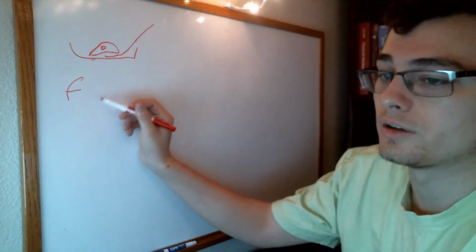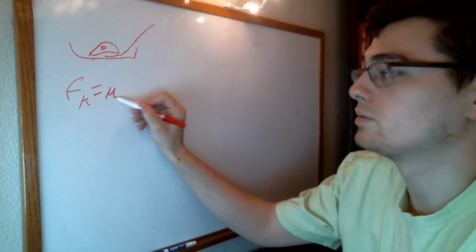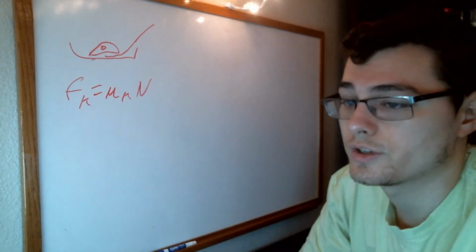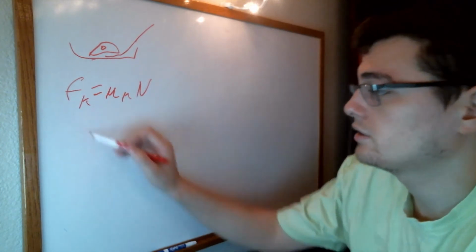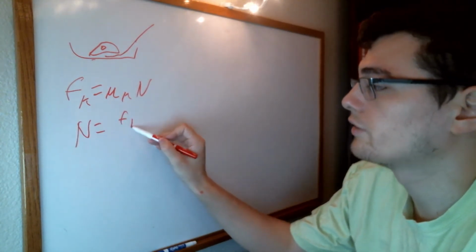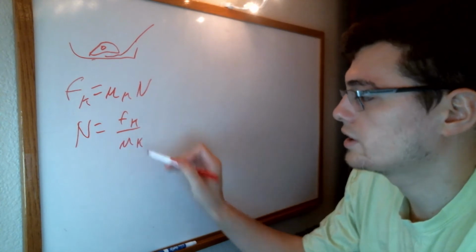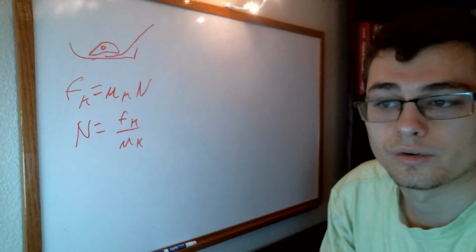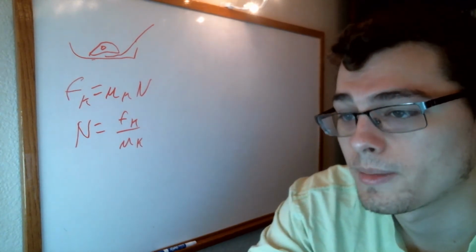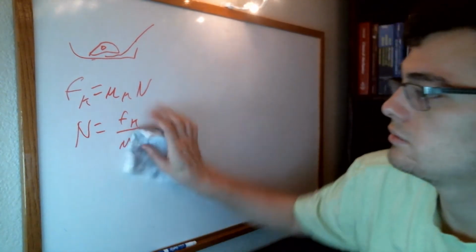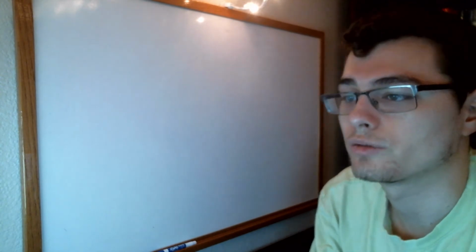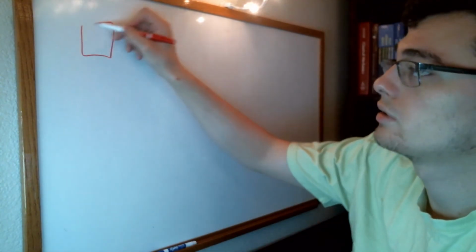So we know that Fk is equal to mu k n, and so then we can quickly solve this for n. So n is equal to Fk over mu k, and that just gives you the normal force. So quick and easy friction problem. That's all you have to do. Quick and simple. So next we have a wooden crate resting on a wood floor.